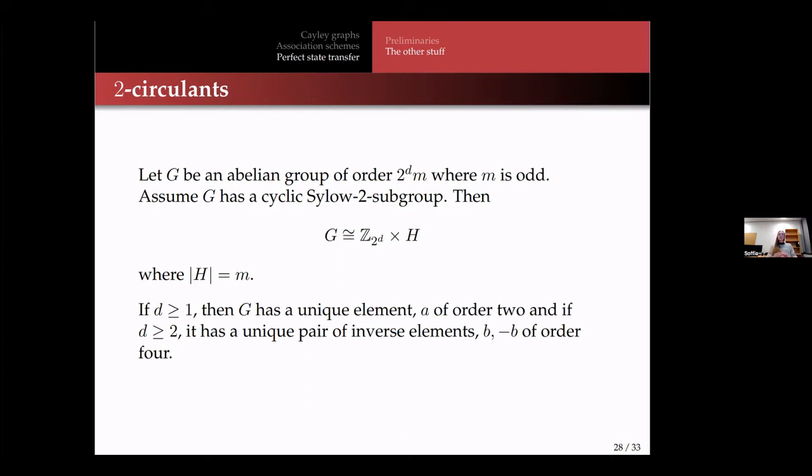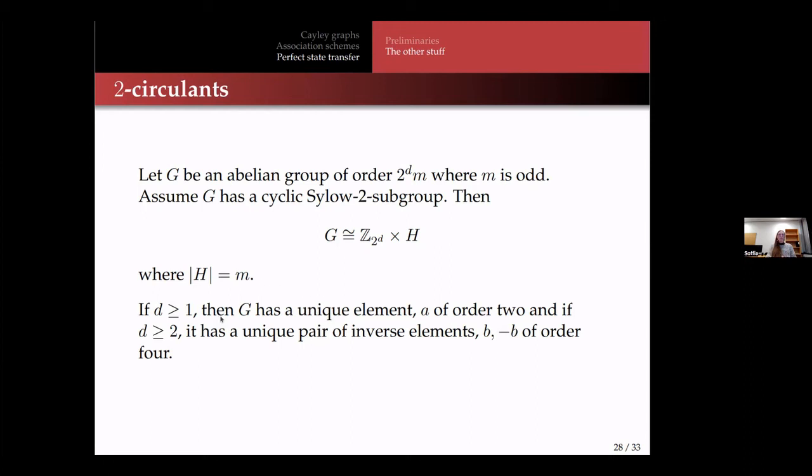It does seem in the study of perfect state transfer in Cayley graphs, this Sylow 2-subgroup does seem to play an important role. It is important here that we have a unique element of order 2, and a unique pair of elements of order 4.